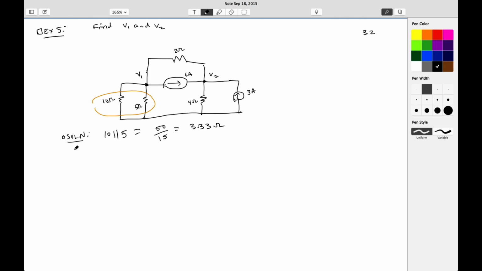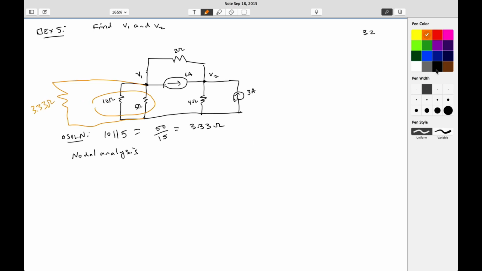Not a big deal. So next we need to do our next step, which is to do nodal analysis. Effectively, what I've done is I've taken these and replaced them with a single resistor that has a value of 3.33 ohms.